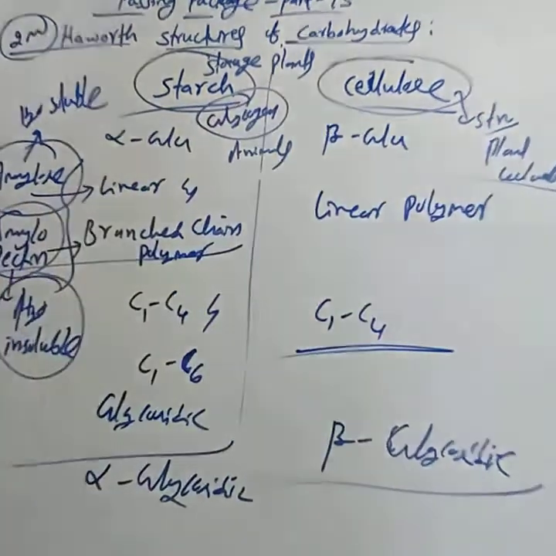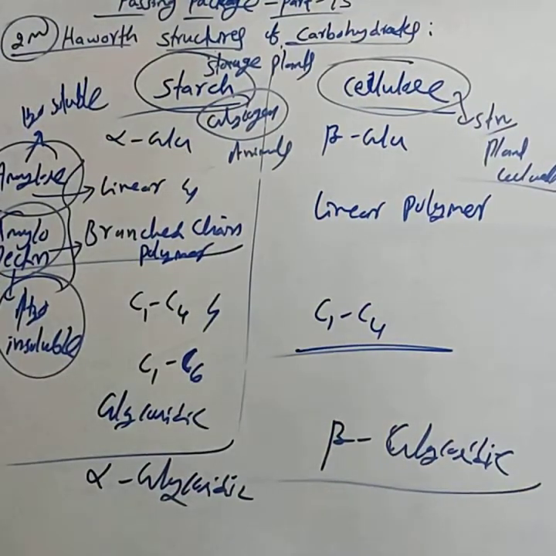These are all for 1 mark questions. Name the storage polysaccharide present in plants: it is starch; in animals, glycogen. The structural polysaccharide present in the plant cell wall is cellulose. The water soluble component of starch is amylose. The water insoluble component of starch is amylopectin.